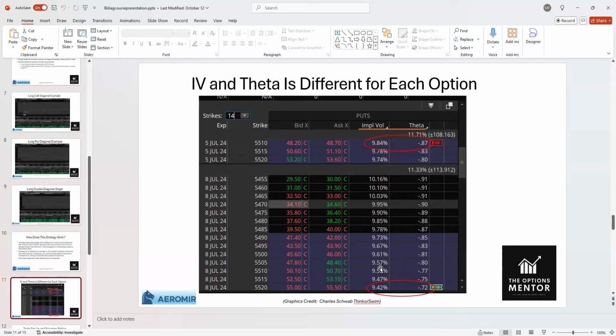Now, they're not necessarily always that close. There might be a point or two difference. But they are different, of course. And this IV is part of an option's value. The more IV it has, generally, the more it's worth.